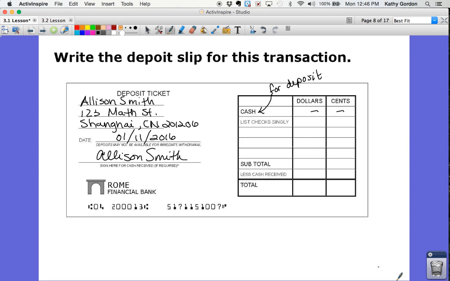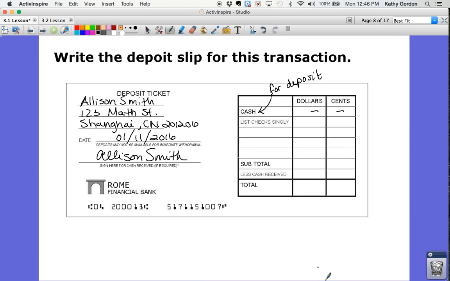Then the next thing that you've got here is a place for checks. And notice it says list checks singly. So even though she's got 3 different checks that add up to $995.33, we do not just write $995.33 here as a total.